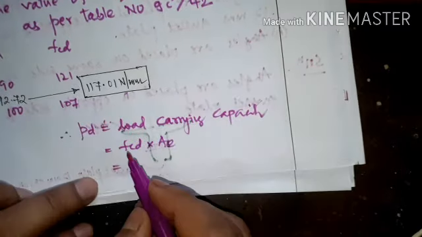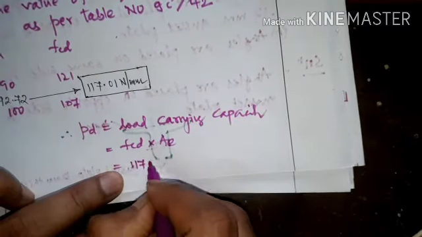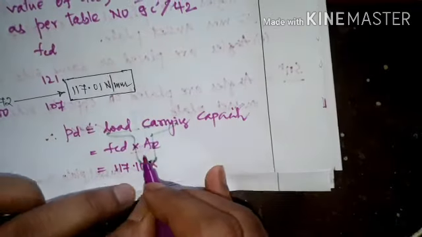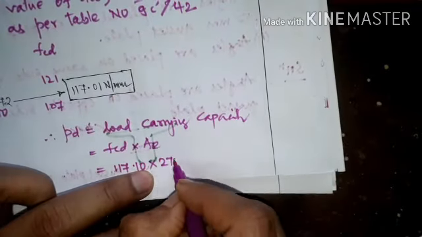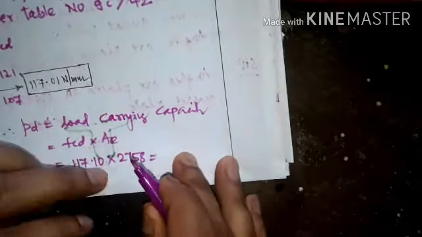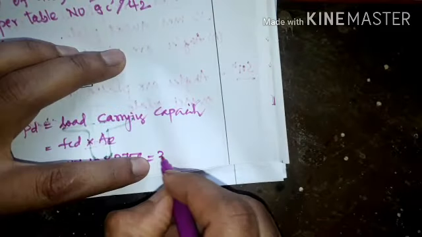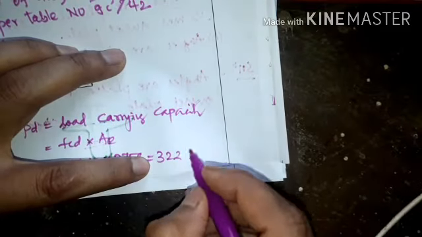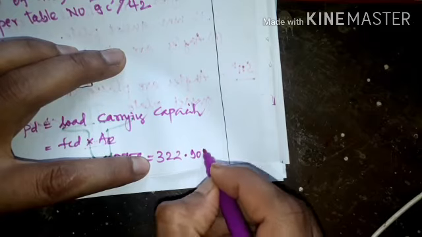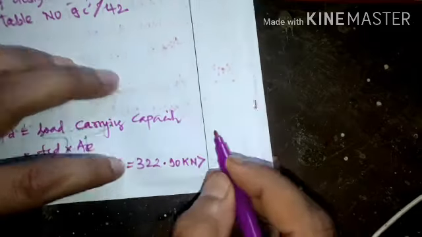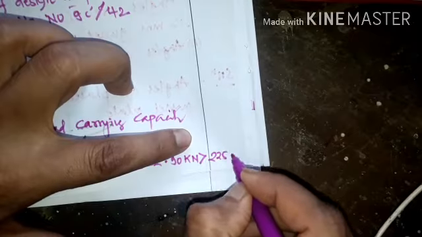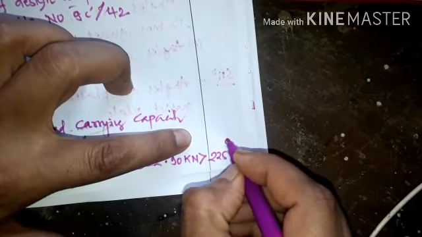So FCD is 117.10 into 2758. So we'll get 322.9 kilonewton, which is more than 225 kilonewton. Therefore it is okay.